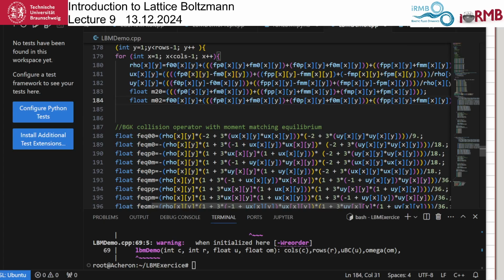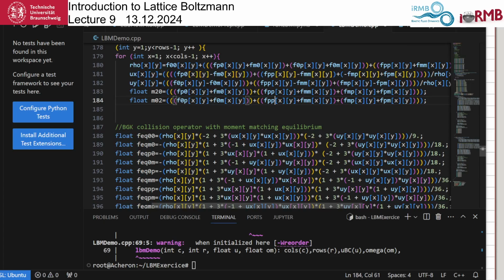Now, we did this for M20, now we have to do it for M02. Here again, this thing in front will disappear. Now everything has to disappear that has a 0 in the second index, right? So basically this will look like this.